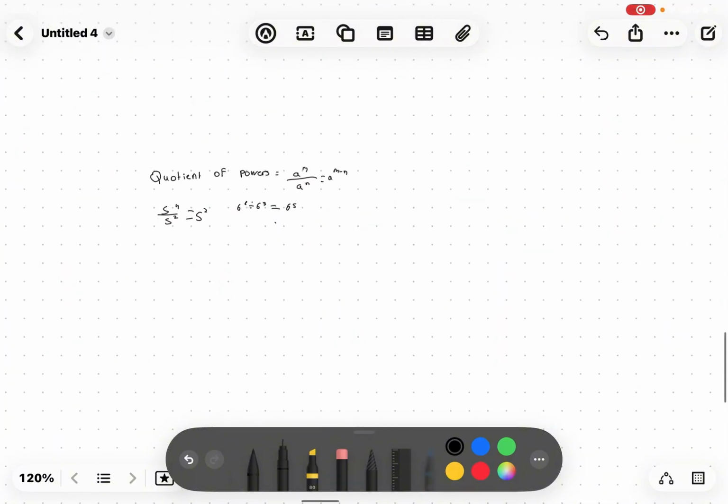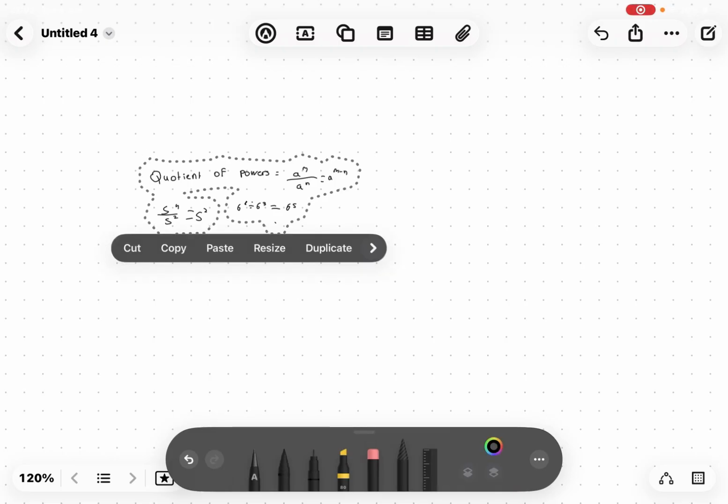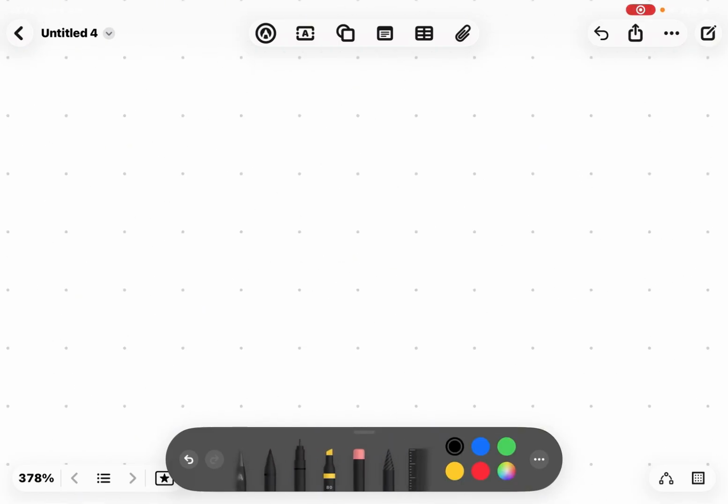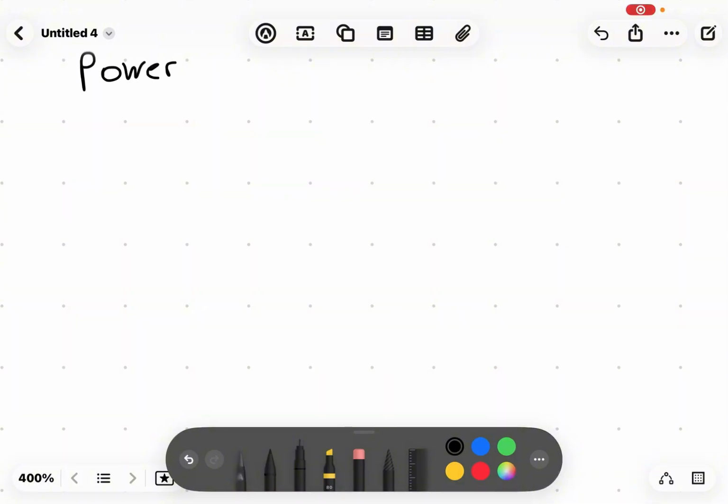I didn't want to delete it, but it seems like I will. So now let's talk about power of a power. This means if there's a number in brackets and that number in brackets has a power, the exponents are multiplied by each other.